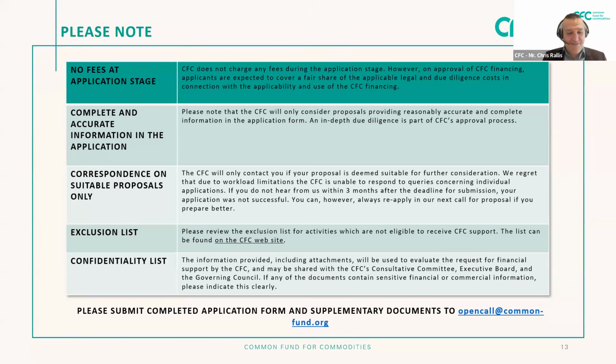This makes both our lives easier. As Andre said earlier, we have to screen more than 200, sometimes 400 applications, so it's difficult for us to keep on track. But we also don't want to overwork you. What we need is information sufficient for us to understand your business case.